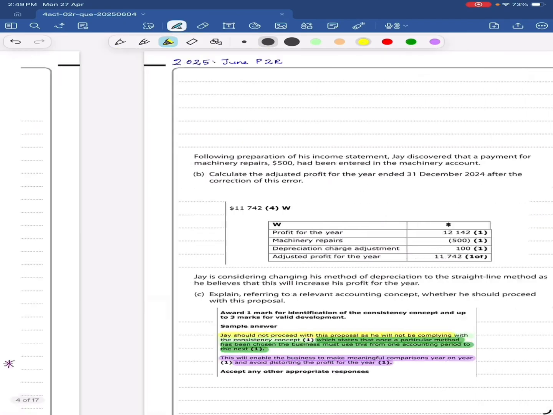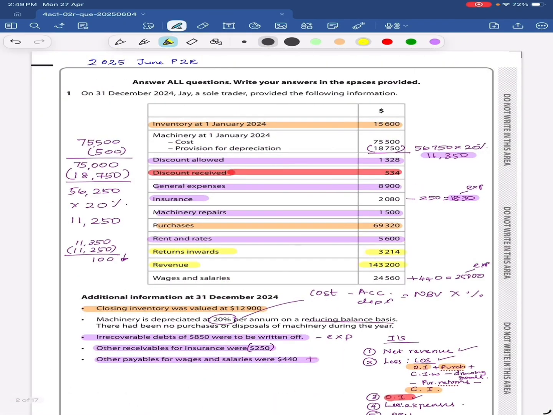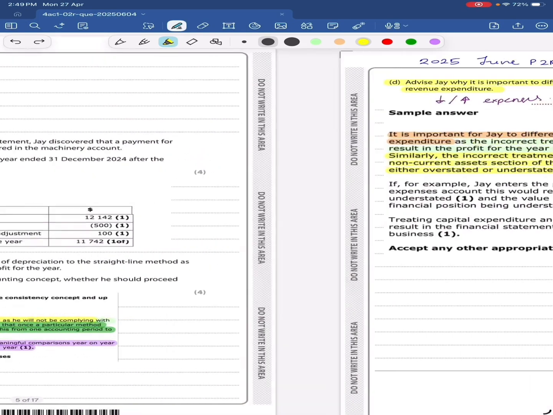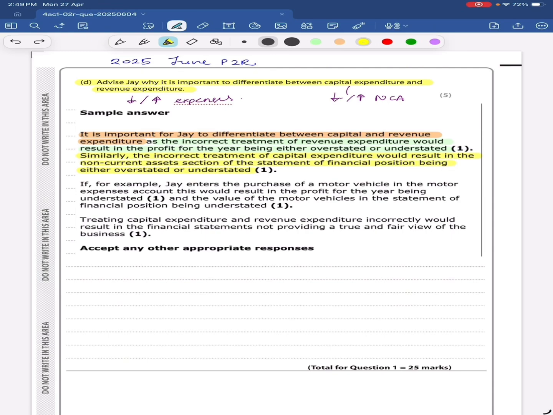As per the example question that we did here, the actual machinery cost should be 75,000. Because of the error, it will be treated as 75,500. Therefore, in the statement of financial position, the non-current asset section would be overstated. If, for example, J enters the purchase of a motor vehicle in the motor expenses account, this would result in the profit for the year being understated.